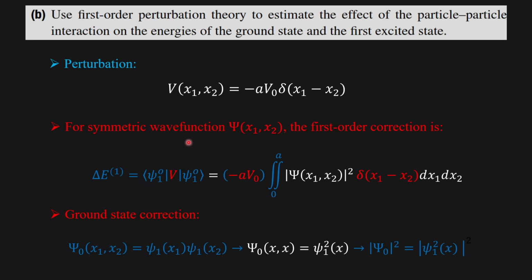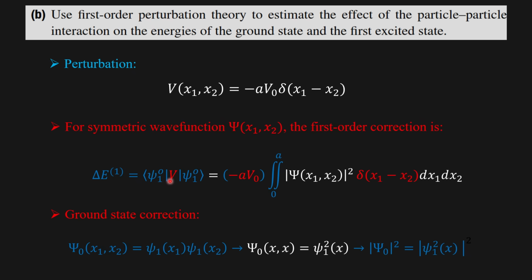For the symmetric wave function, capital psi of x1, x2, the first order correction, delta E1, in Dirac notation is nothing but the expectation value of the perturbed potential in the unperturbed wave function, because this is the perturbed Hamiltonian.